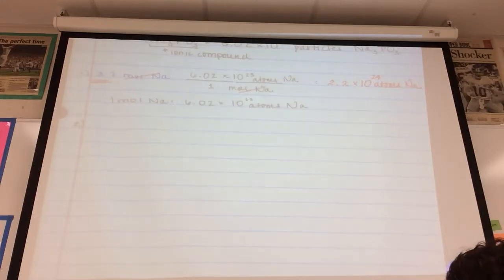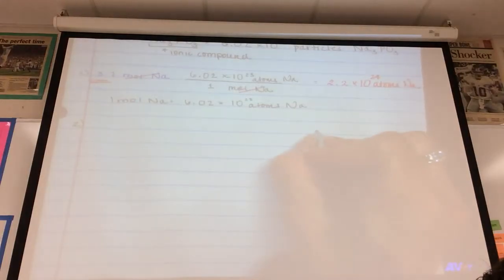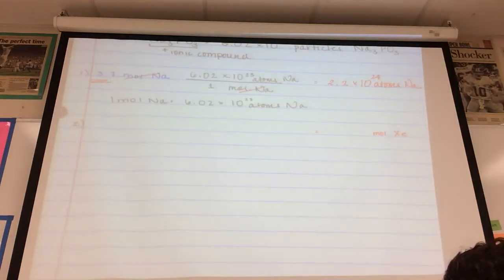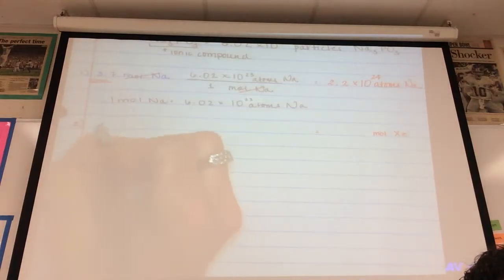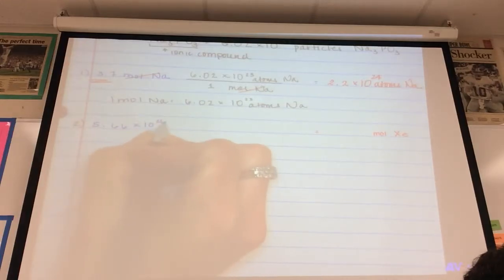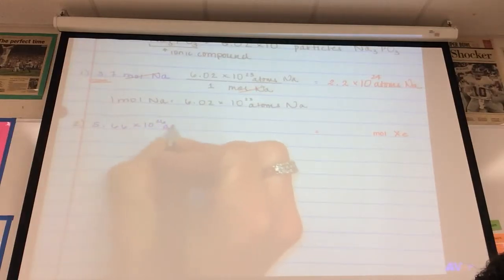Awesome. On number 2, it says how many moles of xenon? So in number 2, we're looking for moles of xenon, and we want to know how many moles of xenon are equivalent to 5.66 times 10 to the 26 atoms of xenon.